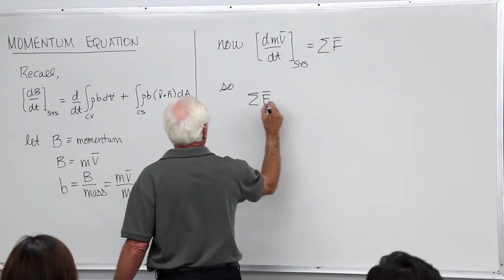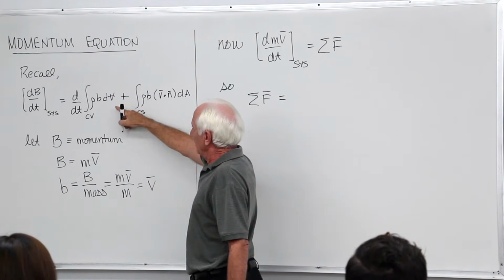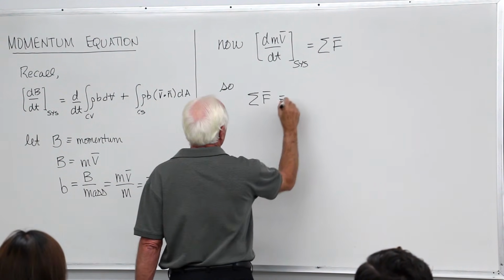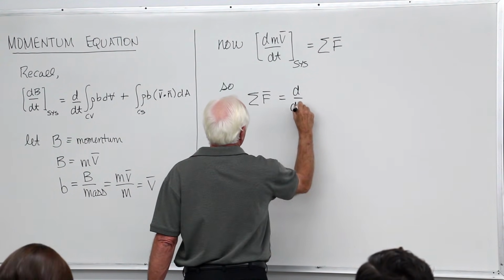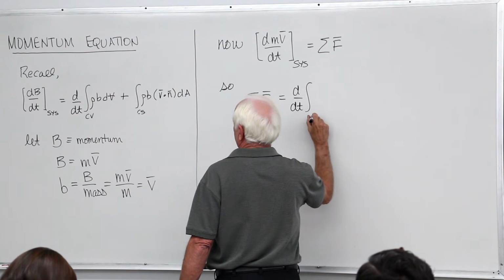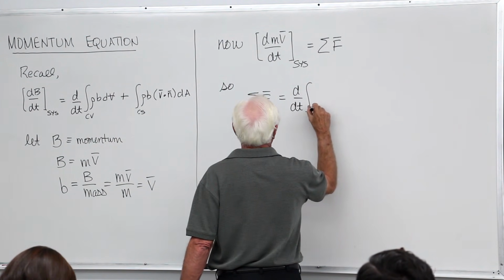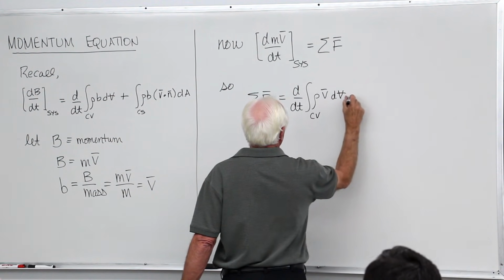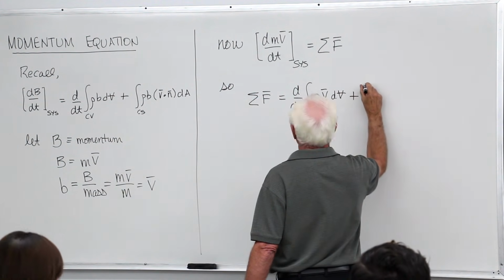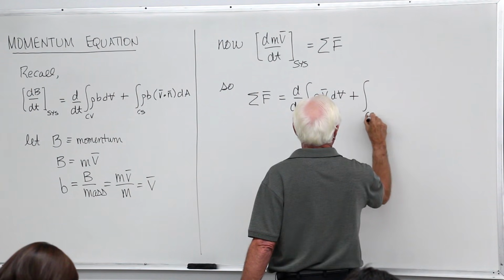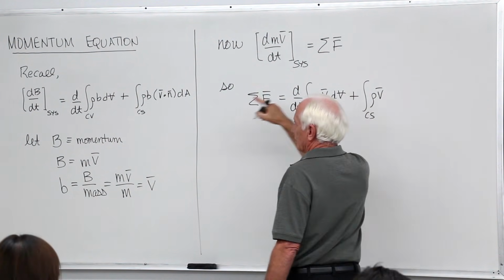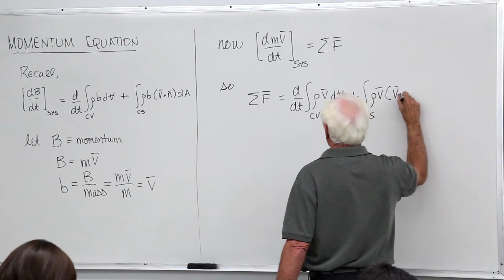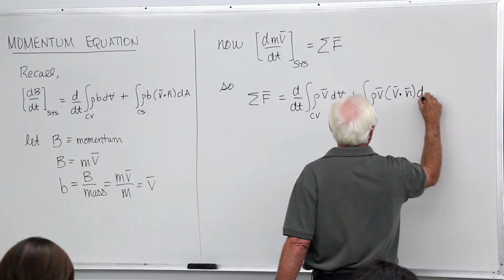That vector is equal to, now wherever you see a little b, put the velocity v. And then we have across the control surface, rho v (v dot n) dA.